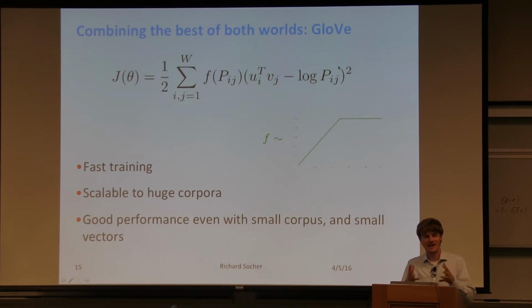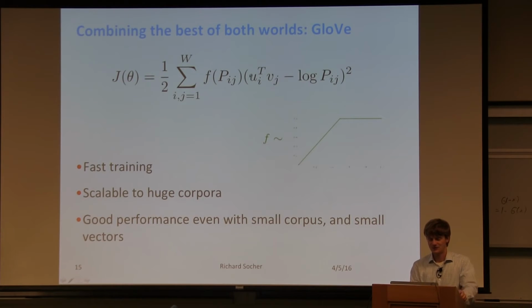That is essentially capturing the similar idea of Word2Vec, but instead of doing it one window at a time, you collect all your co-occurrence statistics once, and then you can run the optimization over that. And that Pij matrix, which we often call X also in the first or second lecture, is also going to be very sparse. So we're not going to have to go over all possible pairs.